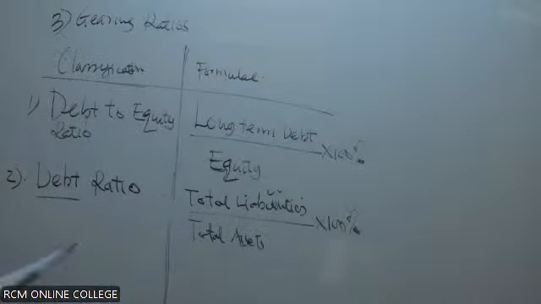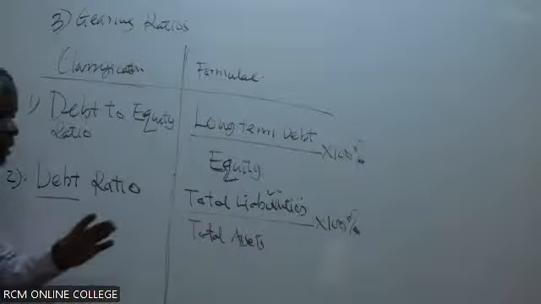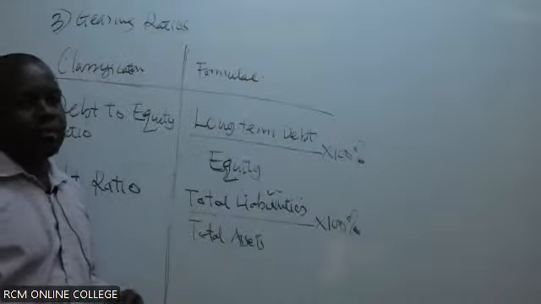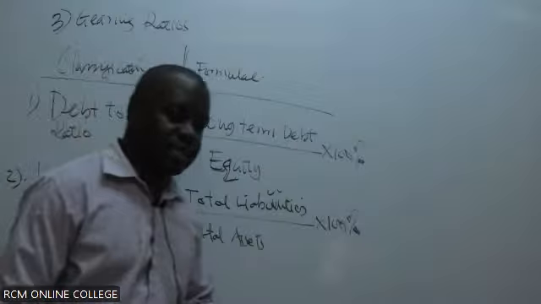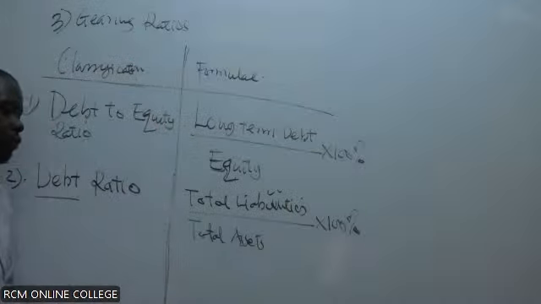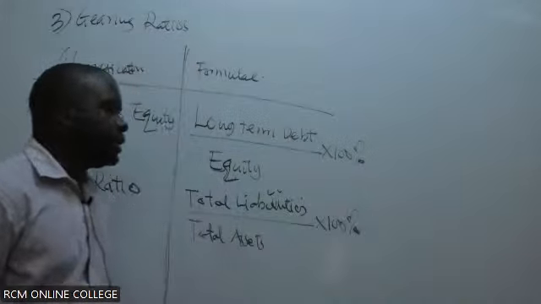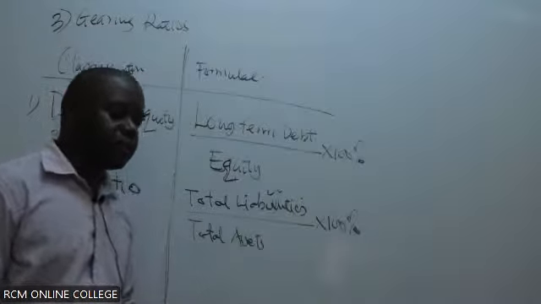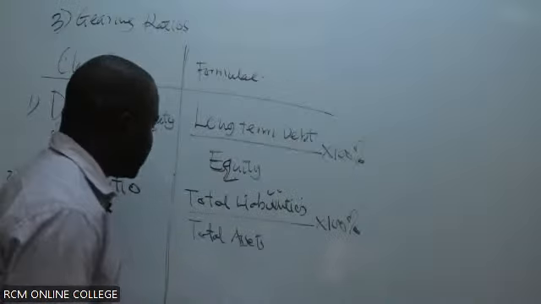So what does it indicate? It indicates the ability of the company's assets to cover the total liabilities. You can just write briefly something about it. Why would you end up having to compute this ratio? Maybe you're a financial analyst.